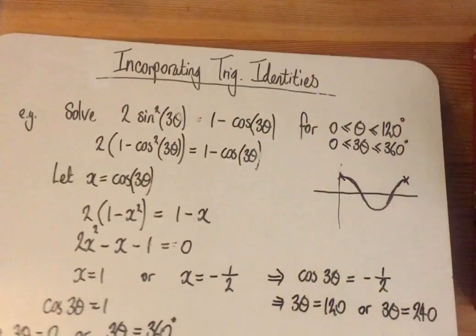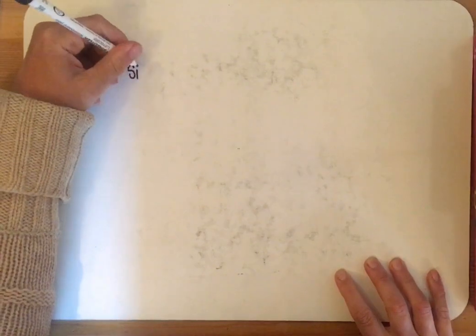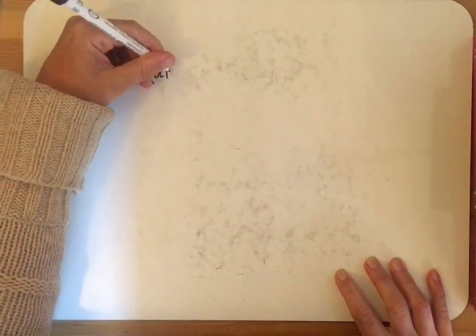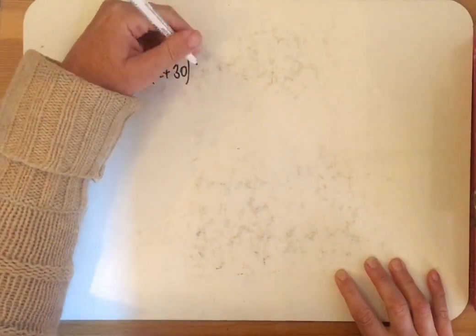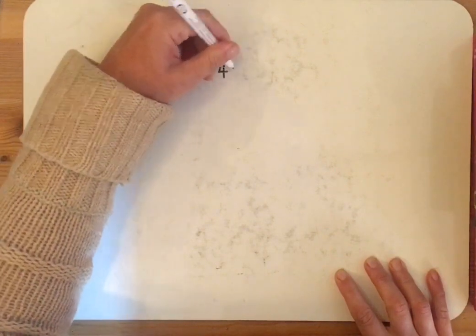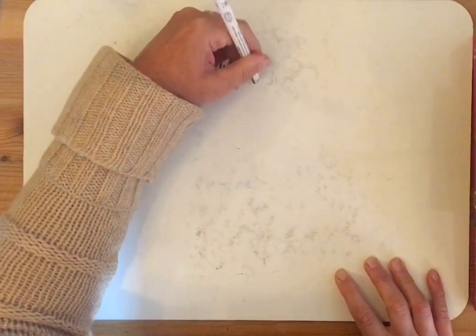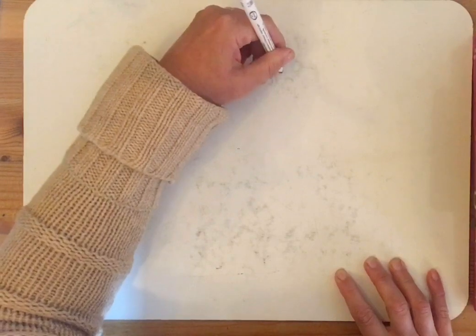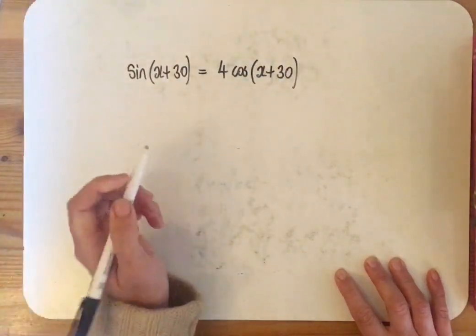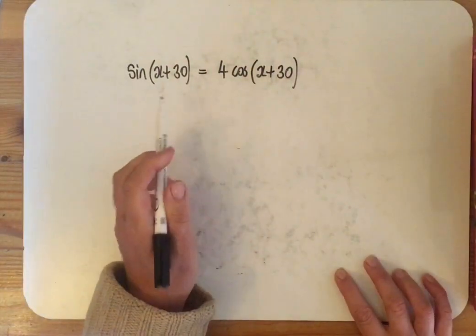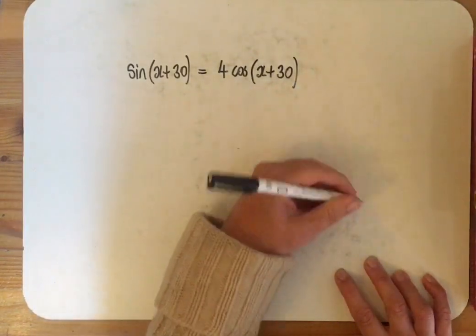And then similarly for tan equals sine over cos. So if you've got something like sine of x plus 30 equals 4 cos of x plus 30, then I can divide both sides by cos of x plus 30.